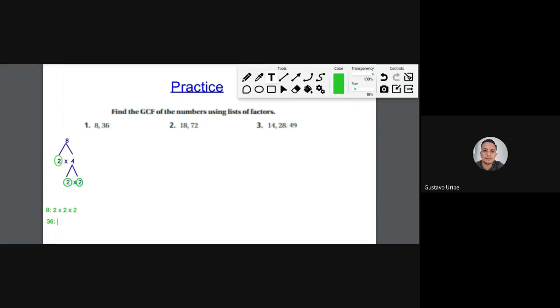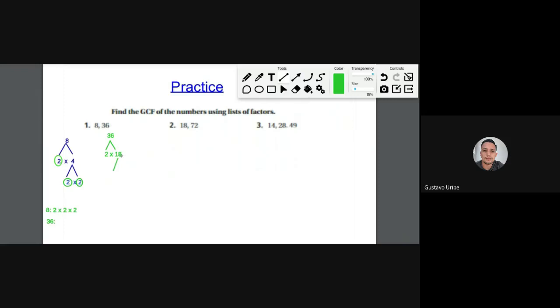And later on down here, we're going to do the same thing for 36 and see if they have any in common. So now let's do the prime factorization of 36. So I'm going to do 2 times 18.